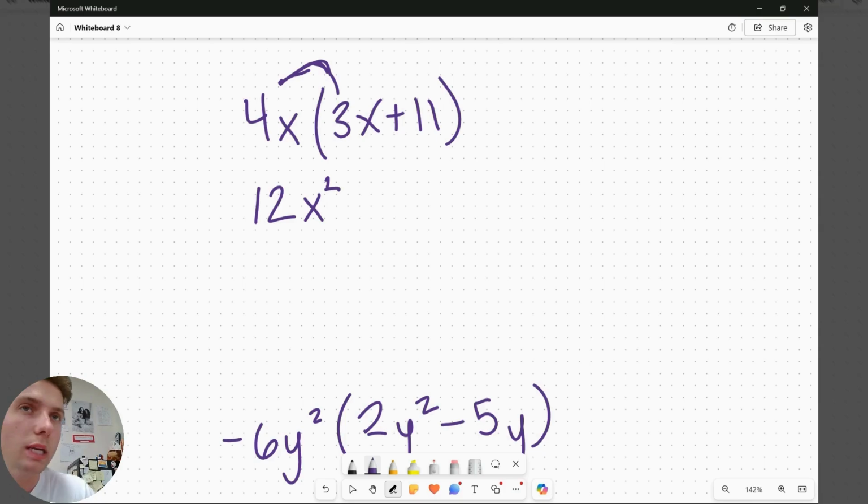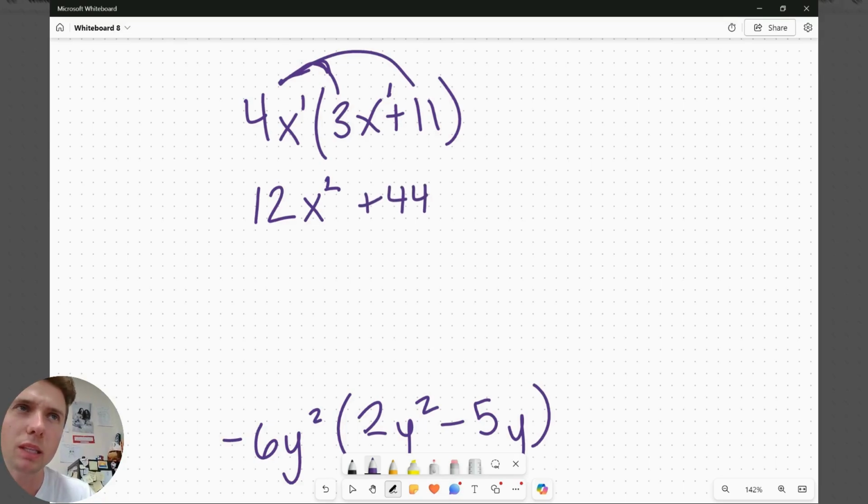Well, how that really works is when you multiply variables, when you take x times x, what you're doing is you're adding the exponents. So x times x, you're taking both the exponents of 1, adding those together, giving us x squared. Same idea with the 4x times the 11. Take the 4, multiply it to the 11. That's 44.